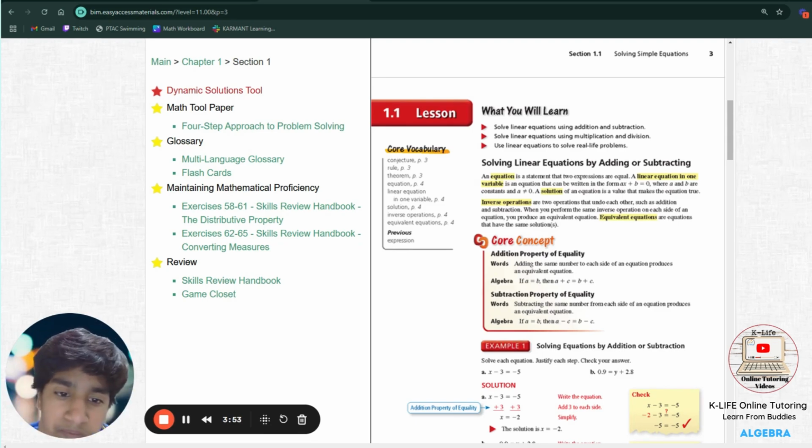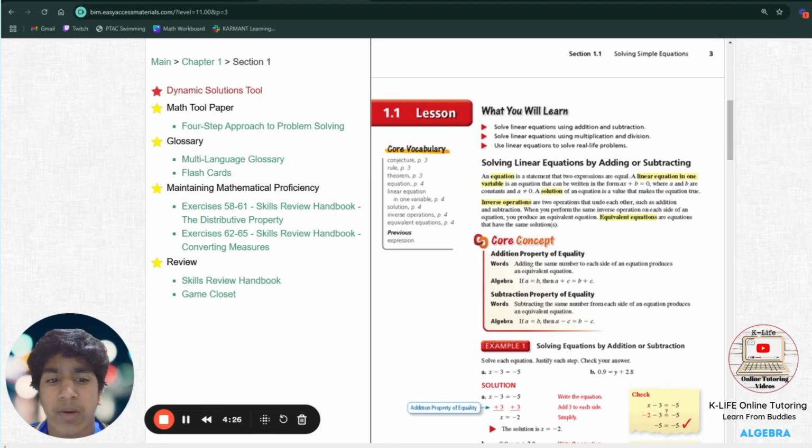As you can see on the screen where I'm hovering my mouse, it says if A equals B, then A plus C equals B plus C. So if A is given a value of 10, B is also given a value of 10, and C is given a value of 6, you know that A equals B because 10 equals 10.